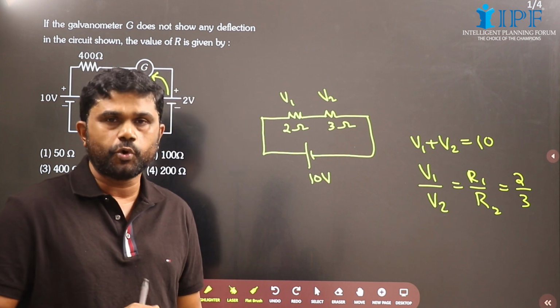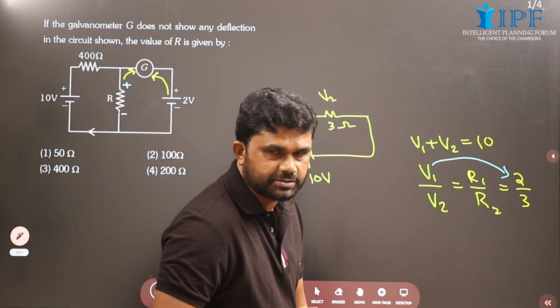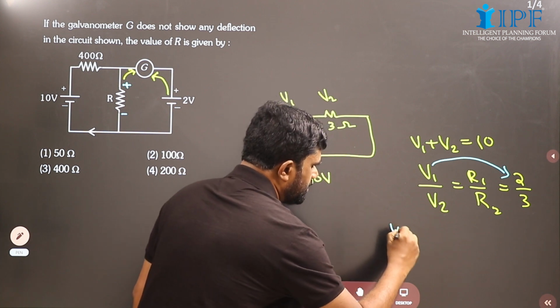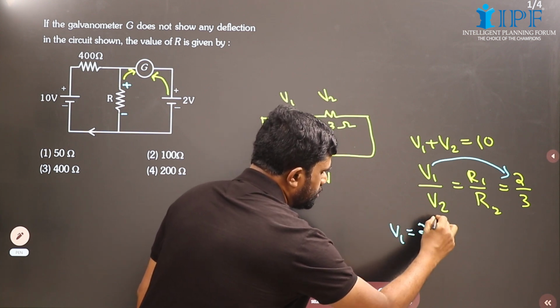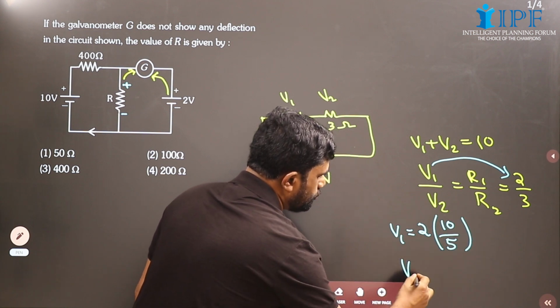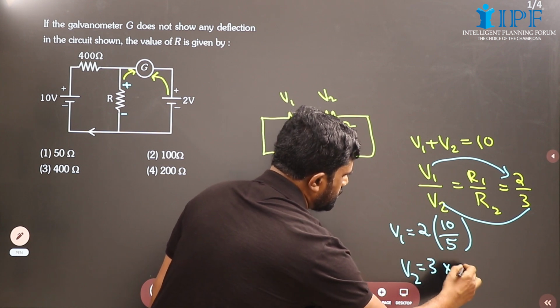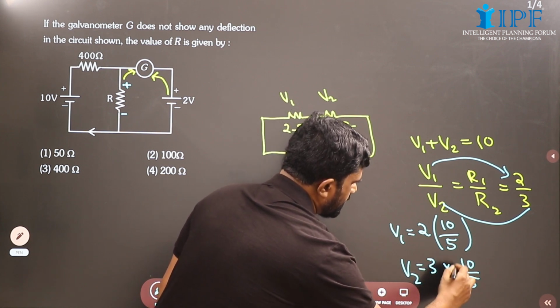Each part will be 2 volt, of which V1 is equivalent to 2 parts. So V1 equal to 2 into 10 divided by 5, and V2 is 3 parts. V2 equal to 3 into 10 divided by 5.